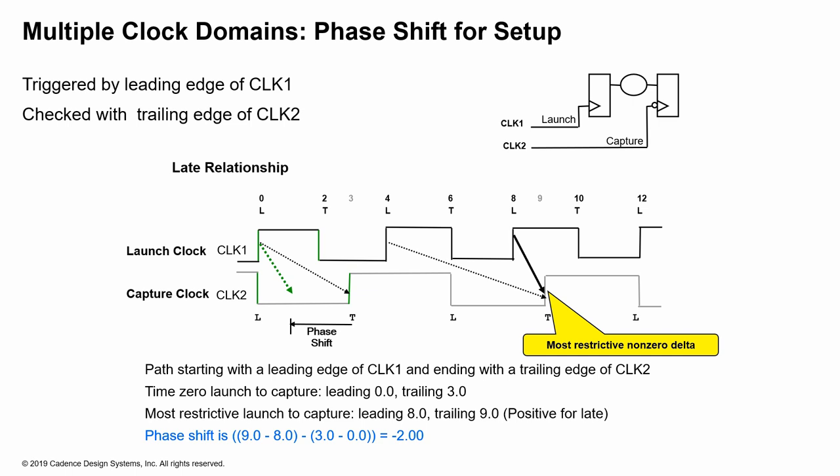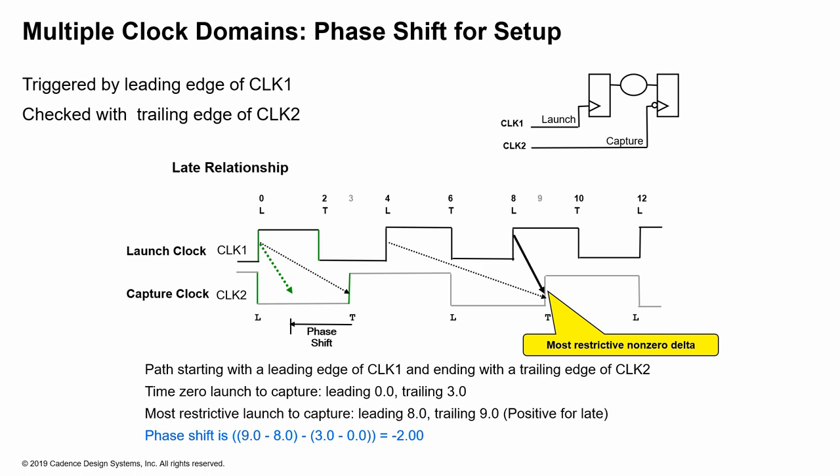In cycle 1, launch edge 0 and trailing edge 3 is the capture edge. So you can now pretend that this same scenario is happening in cycle 1 and just move the whole waveform to the left so that the leading edges align again. That amount of movement that you see is the phase shift.